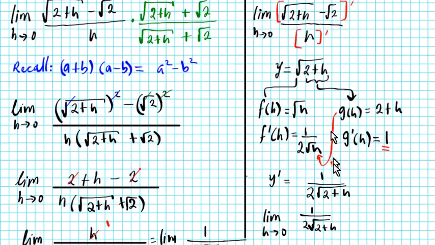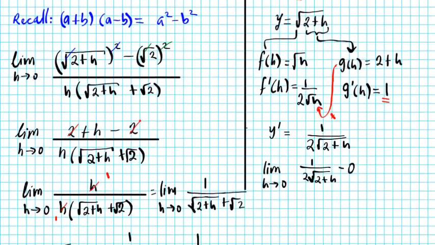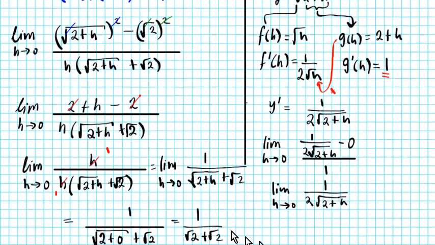The derivative of root 2 is 0, and the derivative of h is 1, so over 1. So that gives us the limit as h approaches 0 of 1 over 2 root 2 plus h. Because when you subtract 0, that's the additive identity, you have the same thing. When you divide by 1, you end up with the same thing again, and then that's what you have.